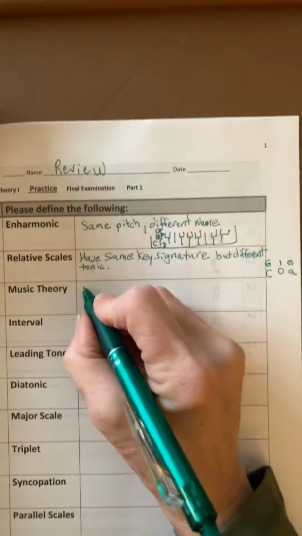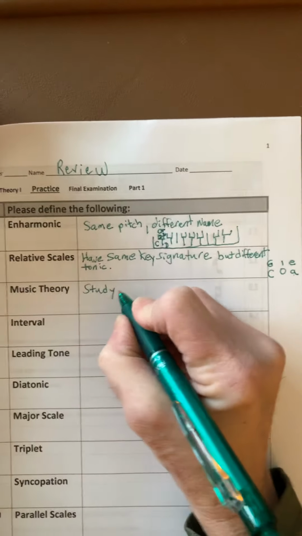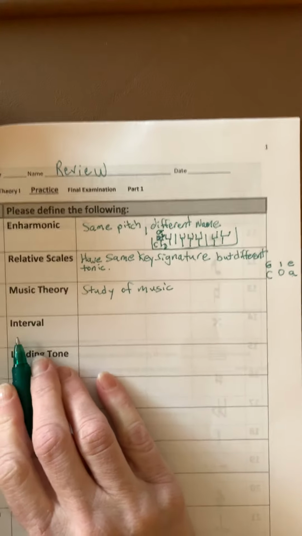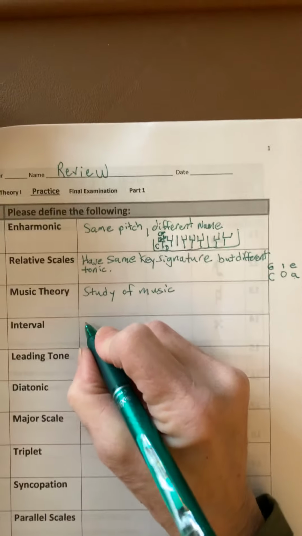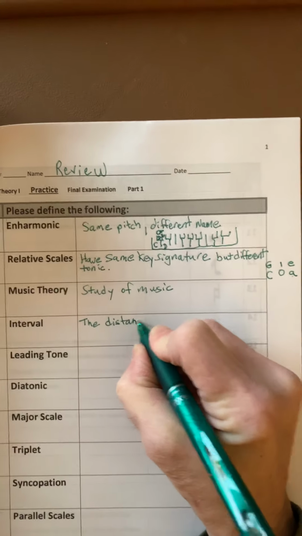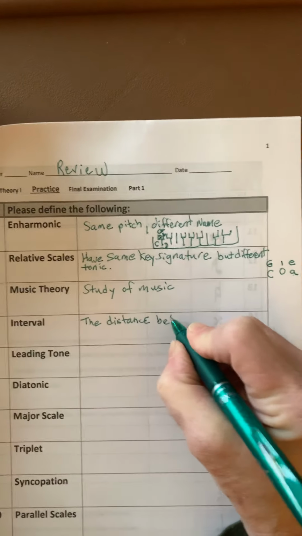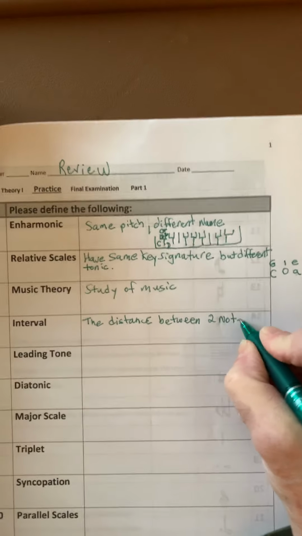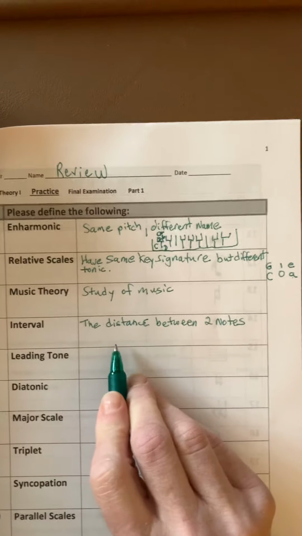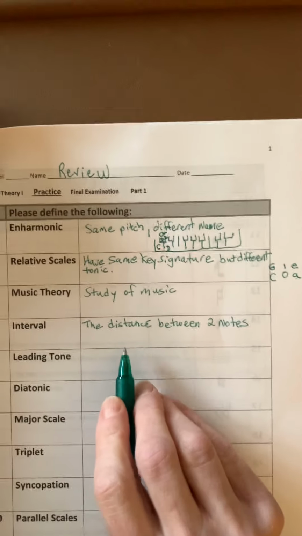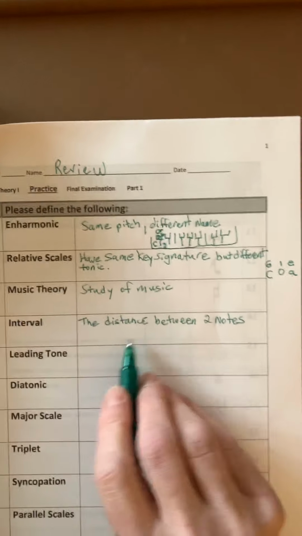Music theory is the study of music. Intervals. An interval is the distance between two notes. Now, it doesn't matter which note is on the bottom, or which is second. It only matters which note's below. You count up from the lowest note no matter where it is.